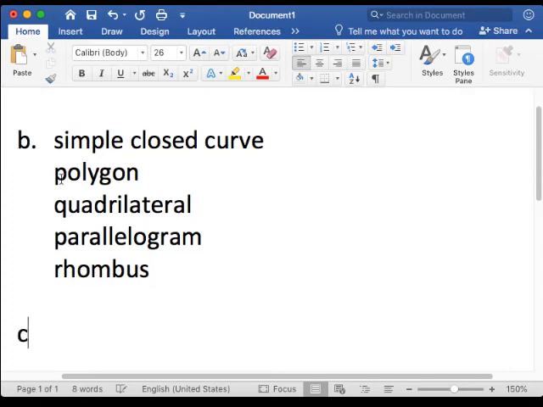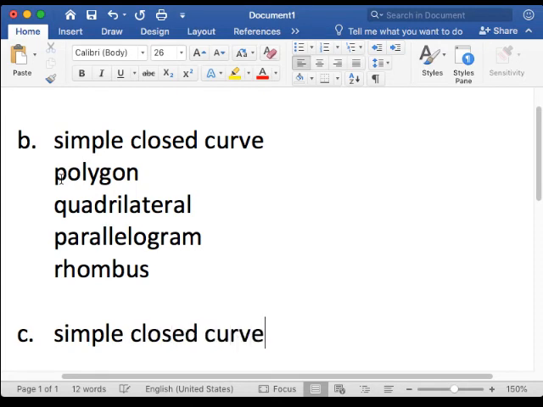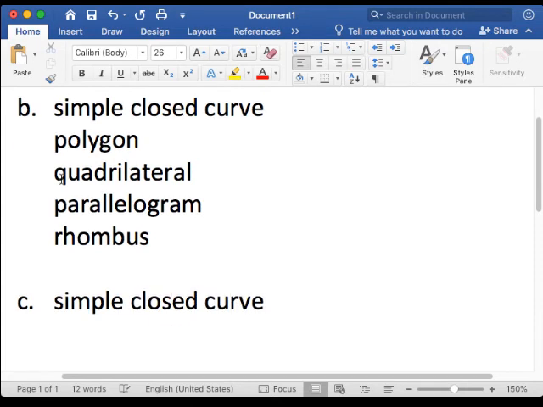All right, let's look at letter C. Now we have a picture of a triangle and there's only 3 options. There's only 3 available names. So let's start at the top. Is it a simple closed curve? Yes, it is a simple closed curve. Is it a polygon? Yes. It is made of line segments. Absolutely.